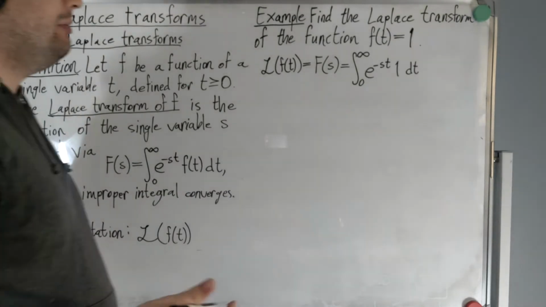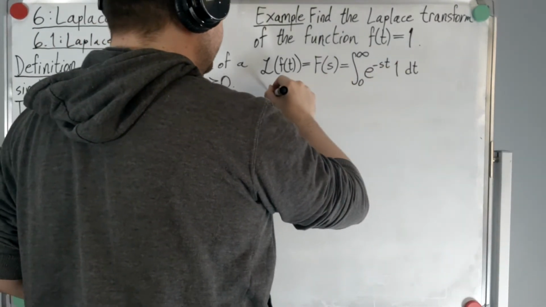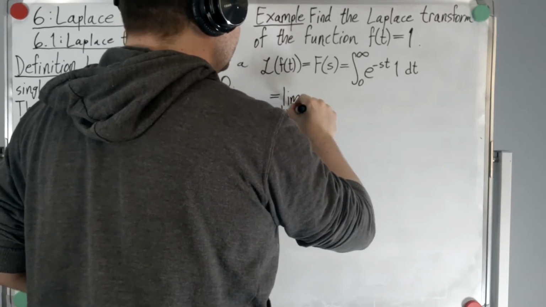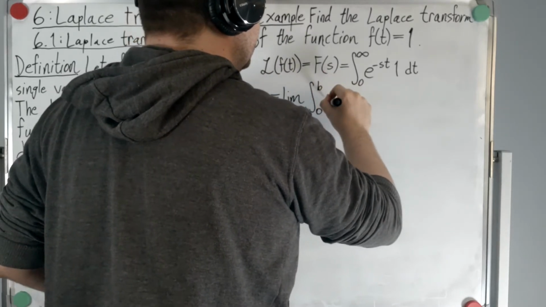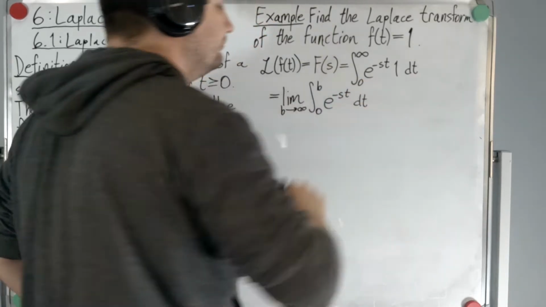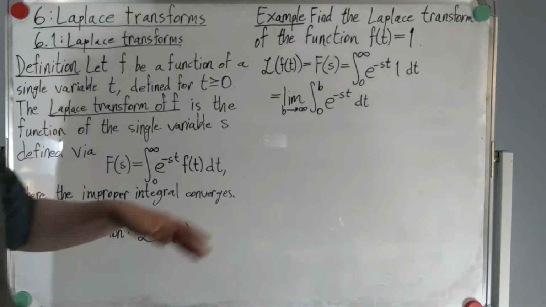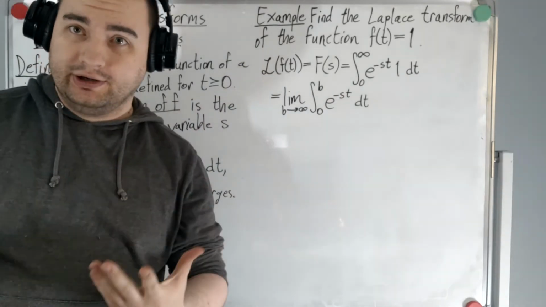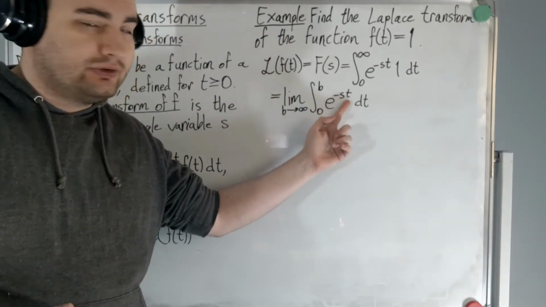Now, if you remember from Calculus 2, every improper integral is in fact a limit. So this is the limit as b approaches positive infinity of the integral from 0 to b of e to the negative st dt. Okay? So now, again, cannot stress enough, s and t are not the same thing. Therefore, s is a constant with respect to t.